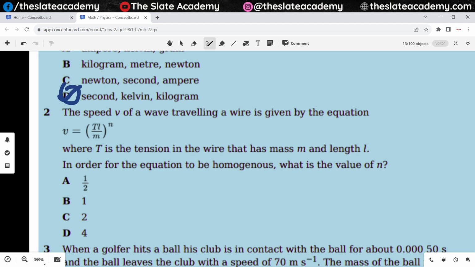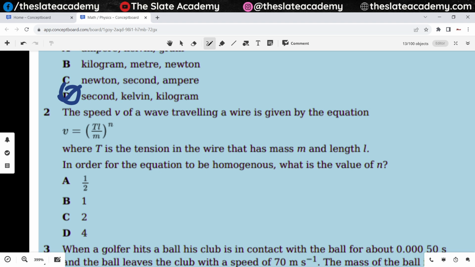Sir, we'll have to find the SI units for the quantities mentioned on the right hand side, and the SI units for the quantities mentioned on the left hand side, and then we'll have to equate the two. Okay, let's do it together.